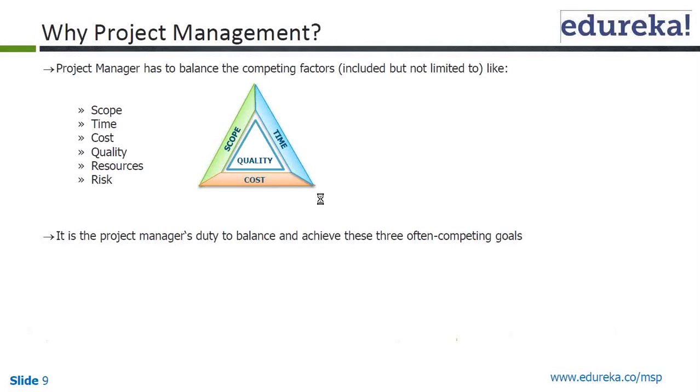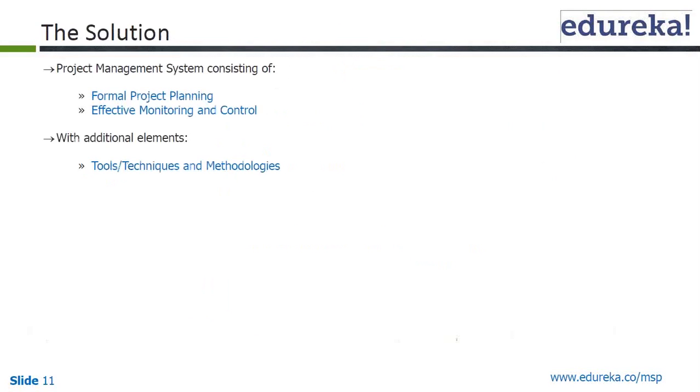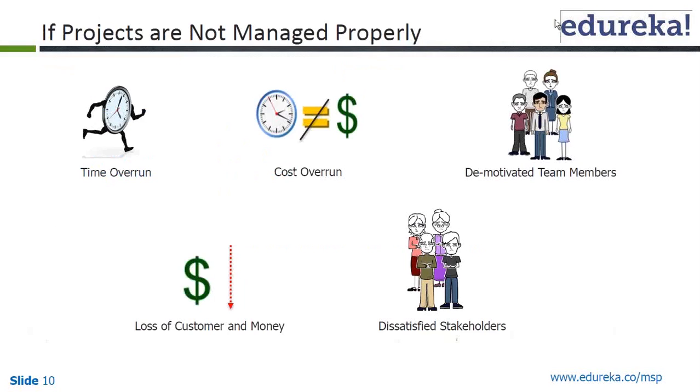This slide we already covered. It tells you why we should go on doing project management, and if we don't do it, this is what happens. By the way, just to give you the real perspective, there was a survey done in 2002 or 2003, as per which almost 45% of the time projects have a cost overrun.